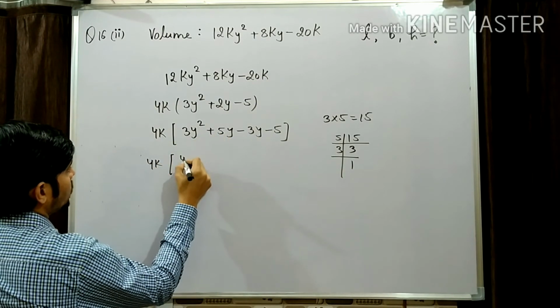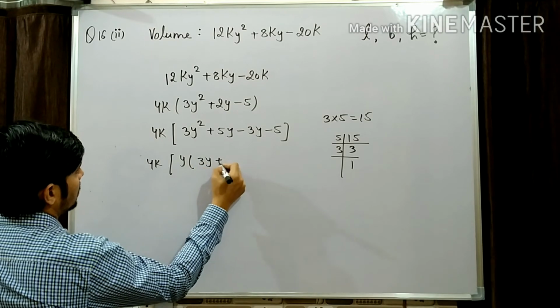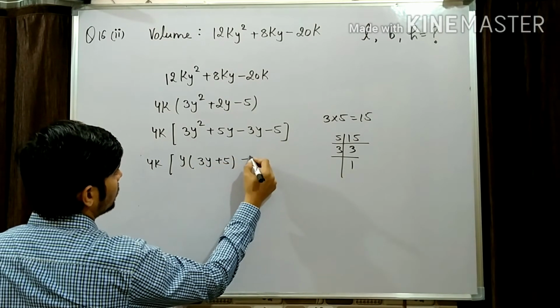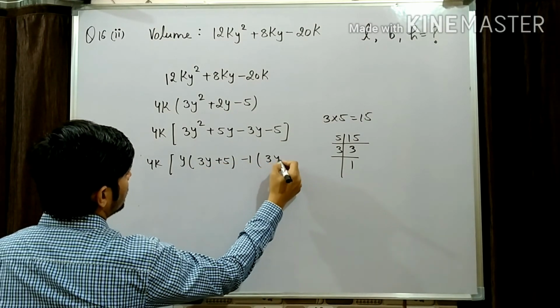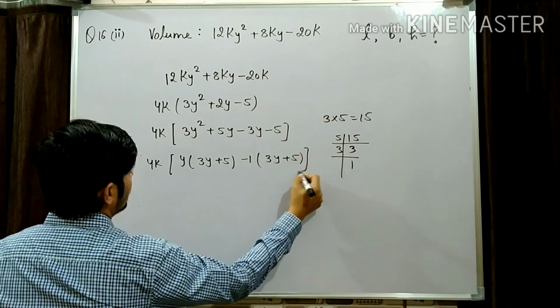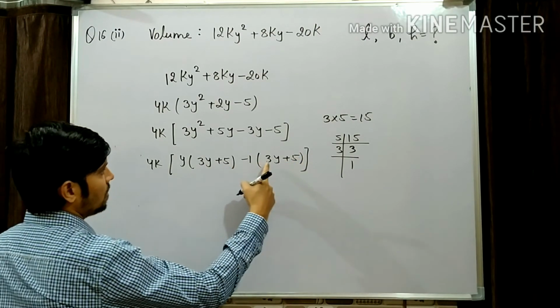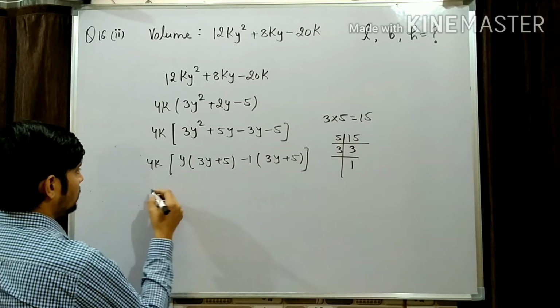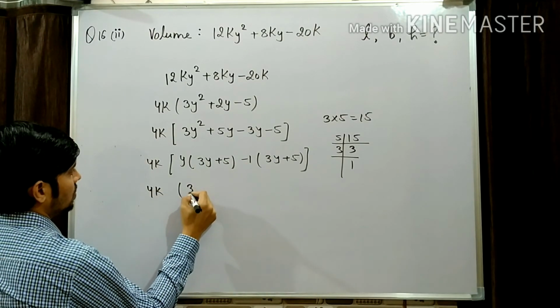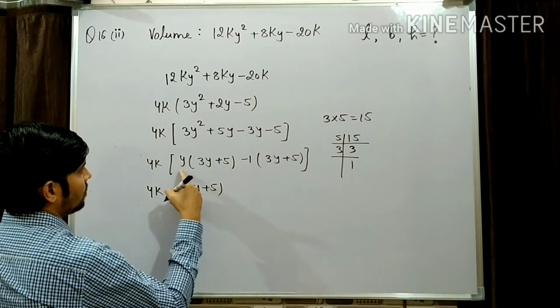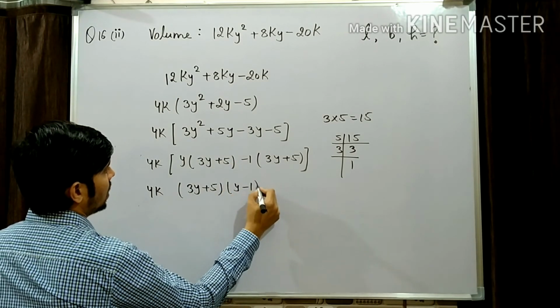You can take y as common from the first two terms, and from the others only 1 is common, minus 1, 3y plus 5. You can see 3y plus 5 is common in both the terms, and what is left we will write in the other bracket.